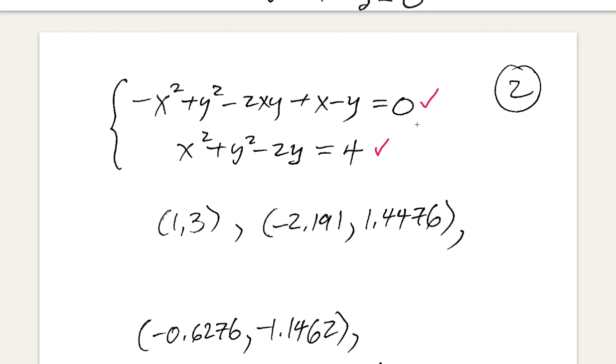What I actually did to solve this problem is I took these two and graphed them together on Desmos. On Desmos, you can find the intersection of 2 graphs very easily, and it'll pick those points right for you.